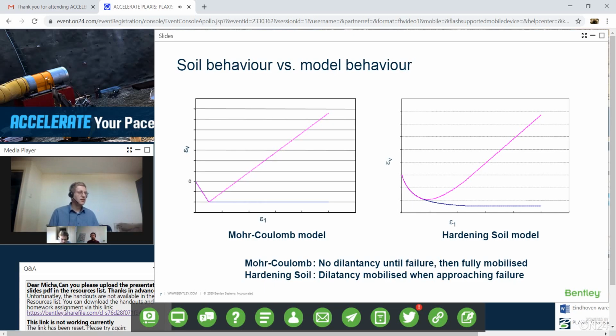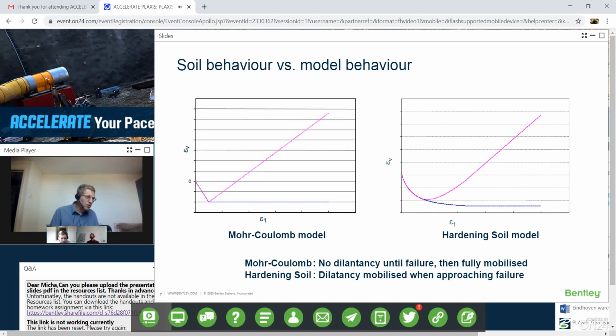We start the test and we start to compress our soil, according to the Mohr-Coulomb model. It's linear elastic, so therefore we see a straight line going down. The volume is reducing while the axial strain is increasing. Now, at some point we reach failure, and at the moment we reach failure, if there is a dilatancy angle defined, we actually have the dilatancy.